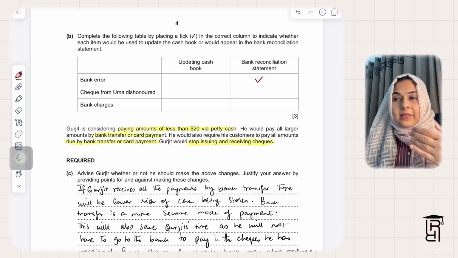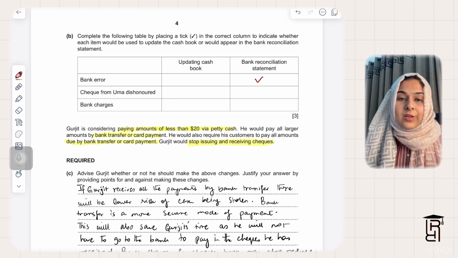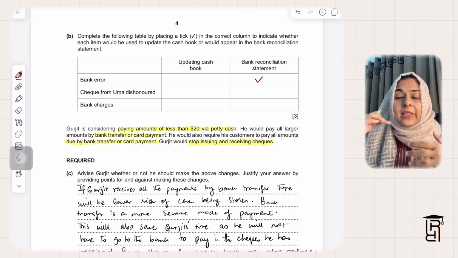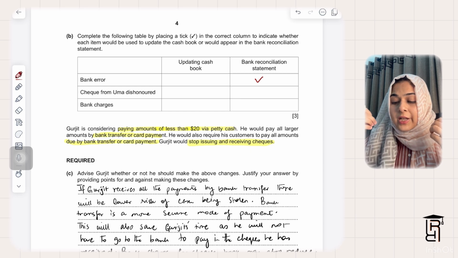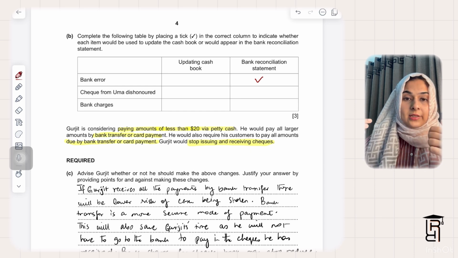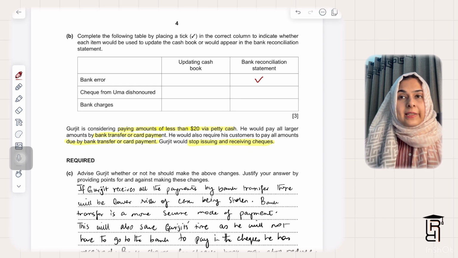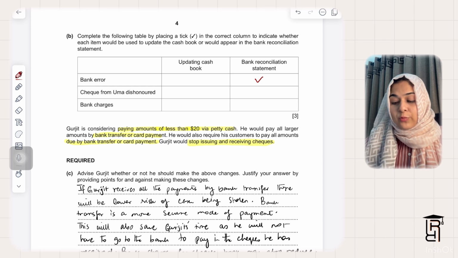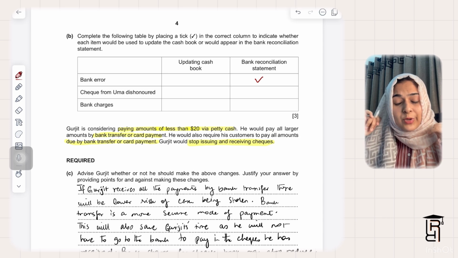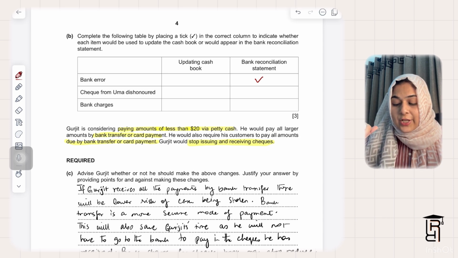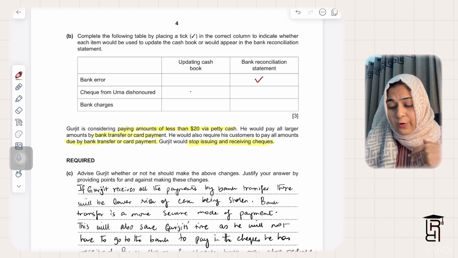The bank is the first party who knows that the check has been dishonored, because when they tried to transfer the amount from Omar's account to our account, the bank found that there's insufficient balance in Omar's account. That means the bank statement shows the dishonored check, but we did not know about it, so we have to update the cash book for the dishonored check.